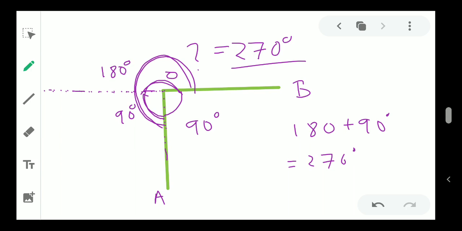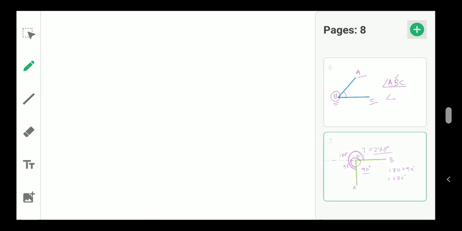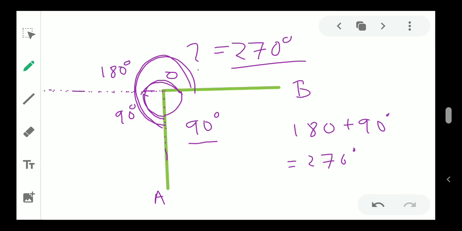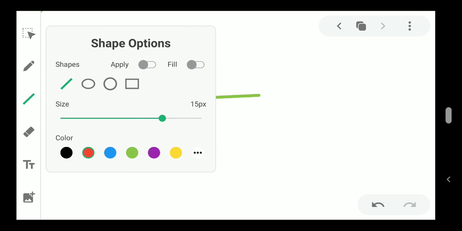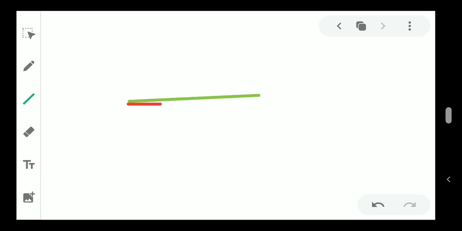So if this is 270 degree and this is 90 degree, what would happen in my next situation if these two lines come close to each other and become like this? So this is one line and another line is almost overlapping it like this.